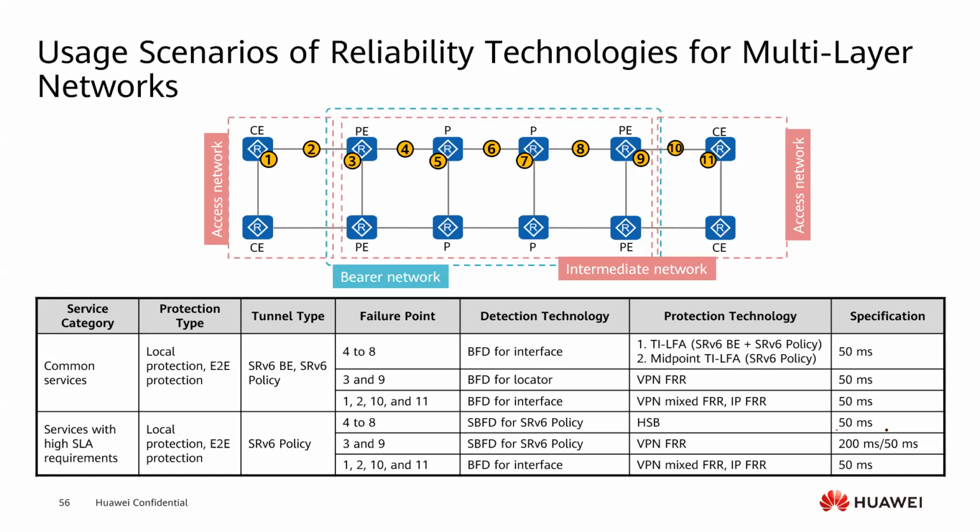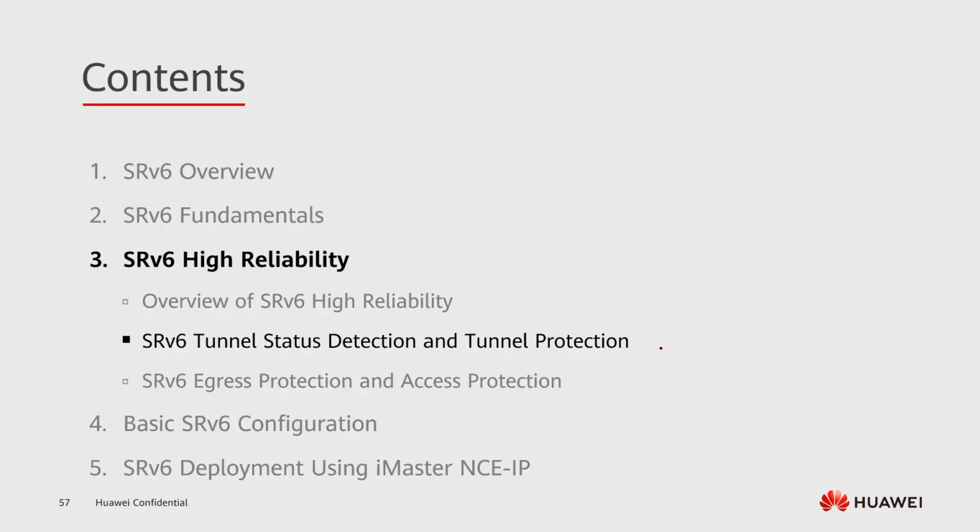So this can also switch over within 15 milliseconds. And if 3 and 9 has a problem, then we can use the VPN FRR. And for this area and this area, we can use VPN mixed FRR and IPFRR to do that.